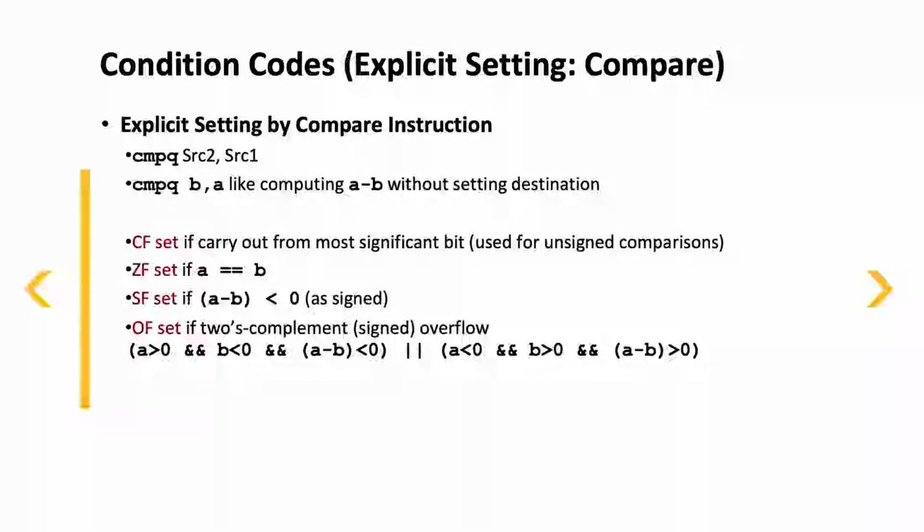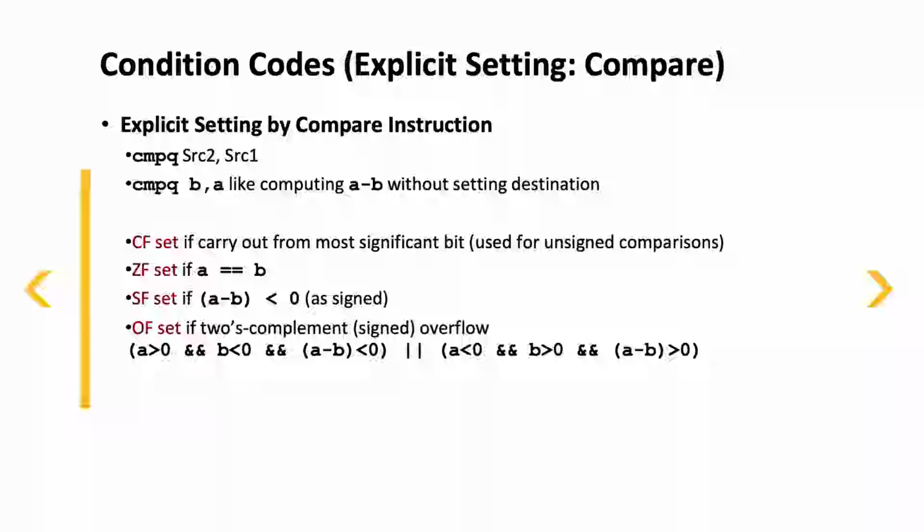Now, there are also some commands that we can use to explicitly set our flags. When we use these commands, we're not actually going to mess with any of the other registers. The only thing we're going to do is set these condition codes. So one option is the compare instruction, CMP, and it's kind of like computing a subtraction, but without actually setting a destination. We can just give it 2 source registers.